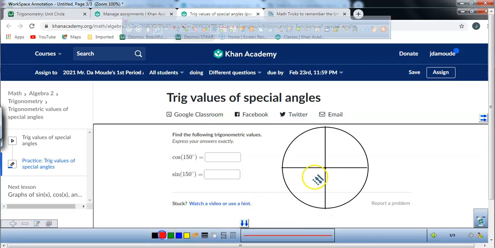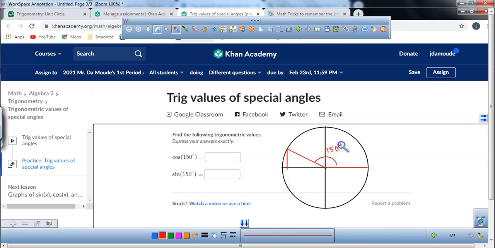All right, so if this is my initial side, 150 degrees puts me right about there, and I have a 30, 60, 90 triangle, because from here to here is 150 degrees, which means this is supplementary, that's 30 degrees.